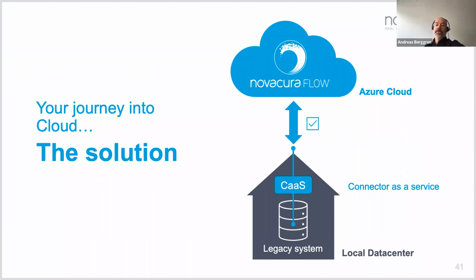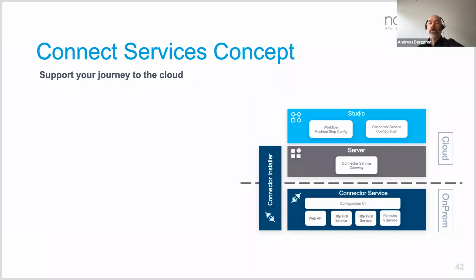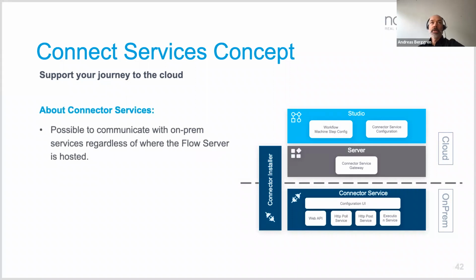That is a service that is run on your local data center network, and it will communicate with the Flow server in the cloud. So it's possible to communicate with on-prem services regardless of where the Flow server is hosted.